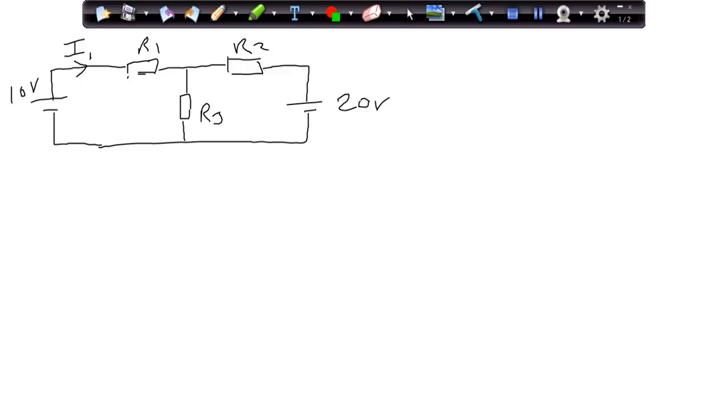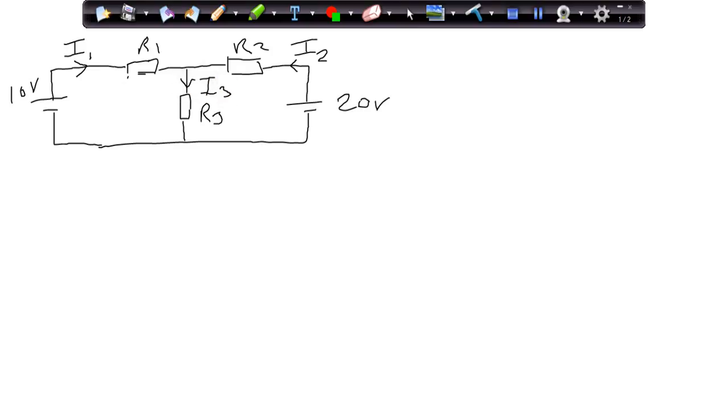This one, the 20 volt supply, is going to be pushing current anti-clockwise because that voltage appears to be pushing the current anti-clockwise. And when the two currents meet at this node here, there's only one way they can really go, and that's downwards. So we'll call that I3.